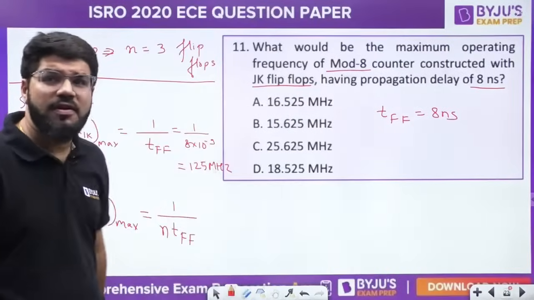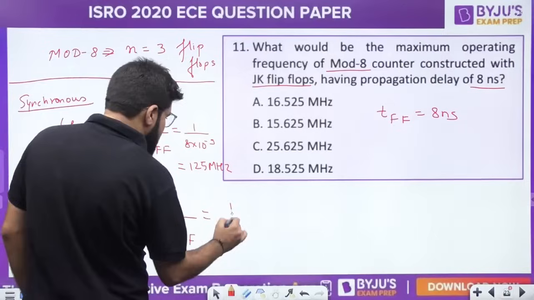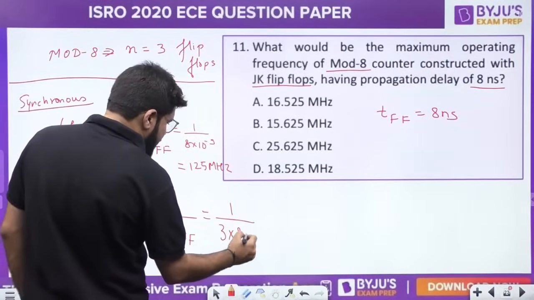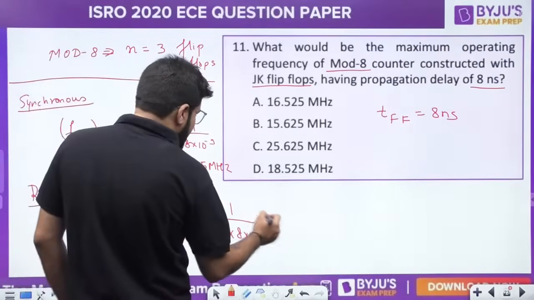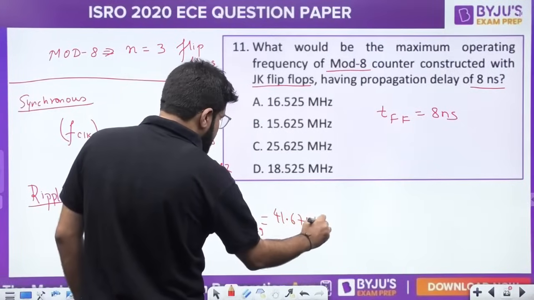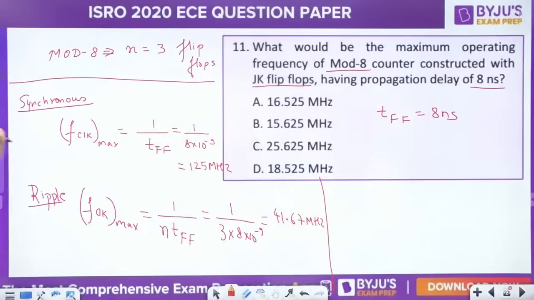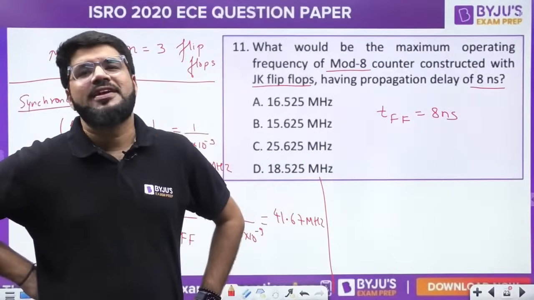The delay of every flip-flop is added sequentially. N is 3, so 1 upon 3 into 8 nanoseconds. That means the previous answer divided by 3, which gives 41.67 megahertz. None of the answers is correct.